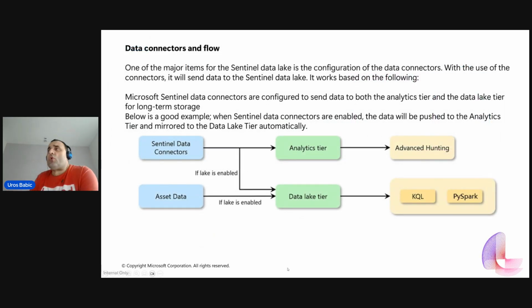One of the major items is configuring the data connector, and when a Sentinel data connector is enabled, the data will be sent to the analytics tier and mirrored to the data lake tier automatically. Good to know, when a connector is enabled, by default data is sent automatically to the analytics tier and mirrored in the data lake tier with the same retention as the analytics tier, which doesn't incur additional billing charges.